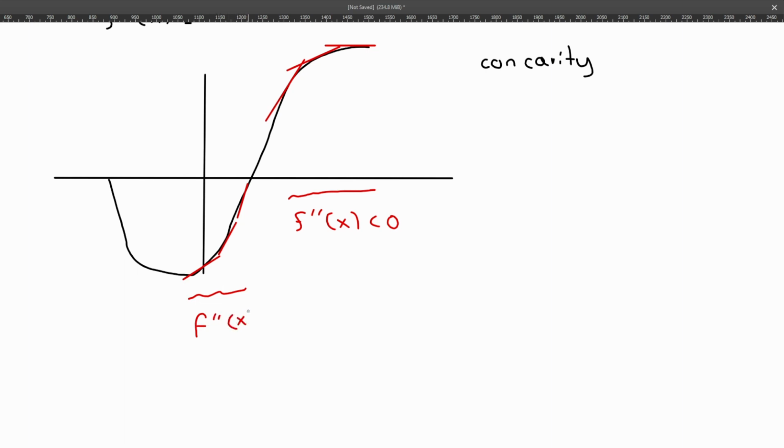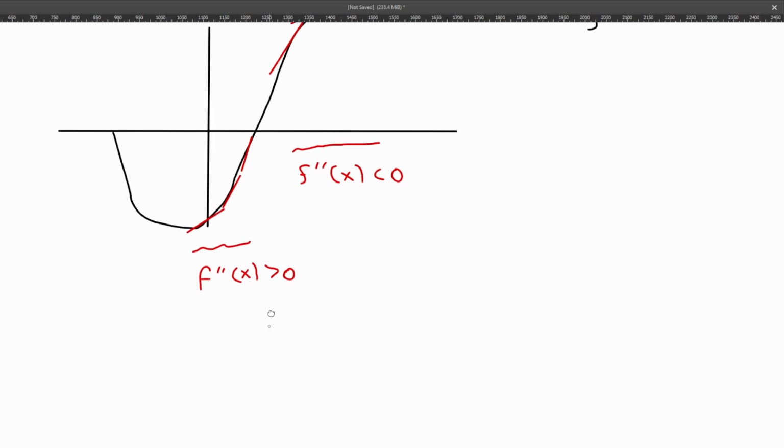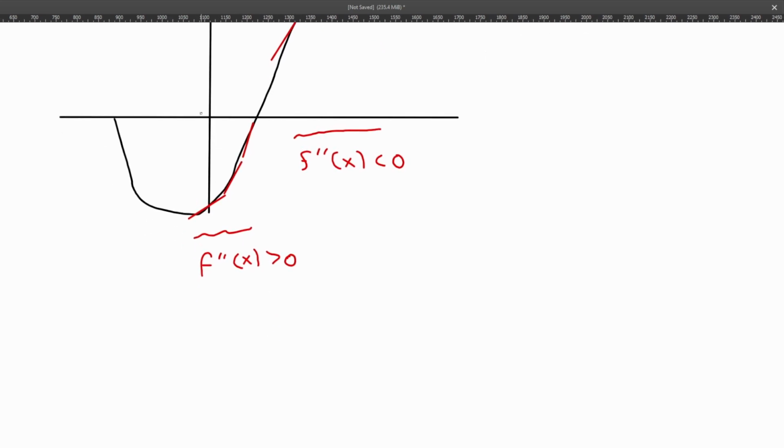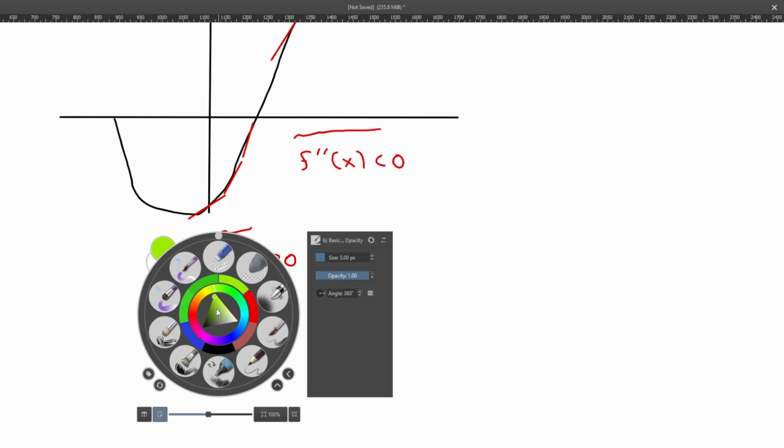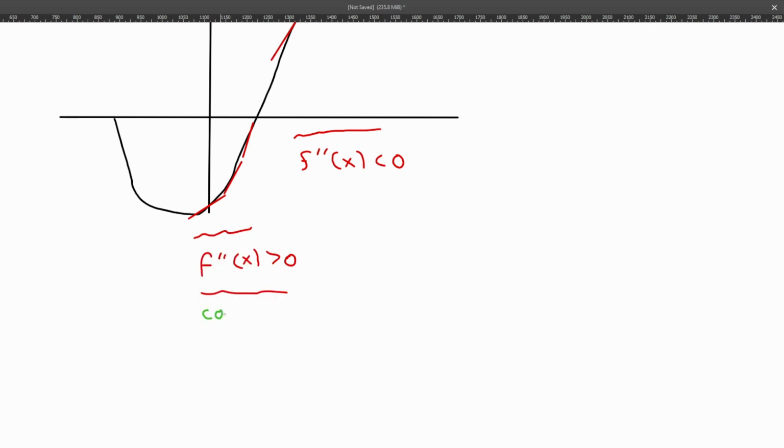Now, if the second derivative of our function is positive, we say that in that region our function is concave up. So let me draw that in another color, concave up. And a concave up function pretty much looks something like this, or it can be this too.